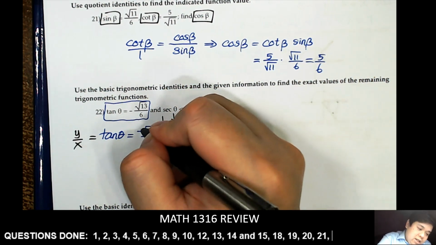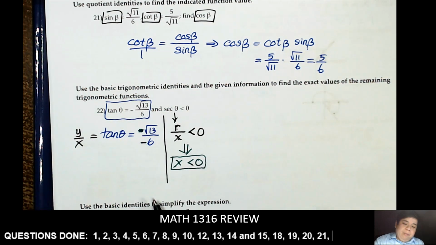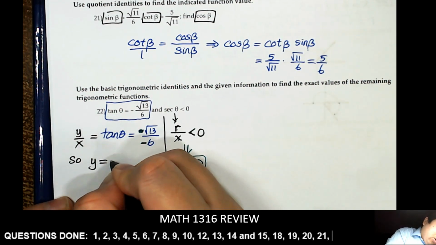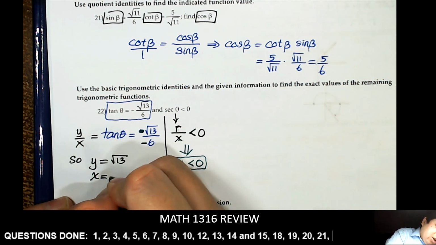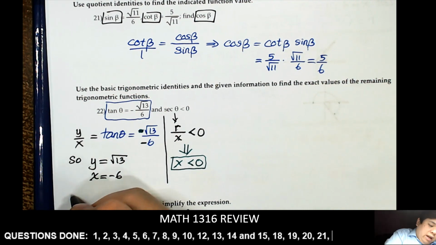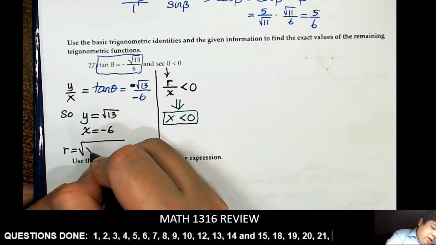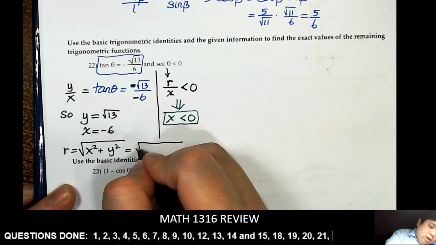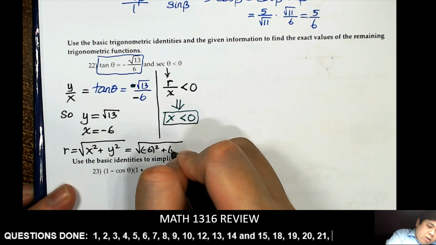So with that, the negative has to go with x. So we say y is equal to square root of 13 and x is equal to negative 6. And then r is the square root of x squared plus y squared.